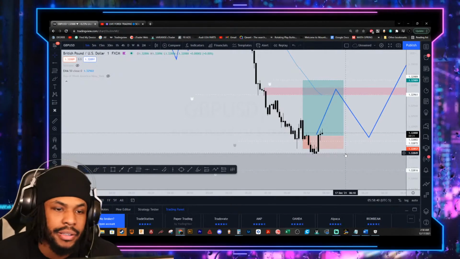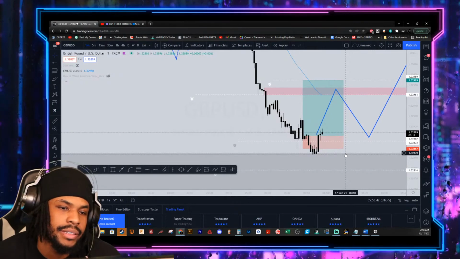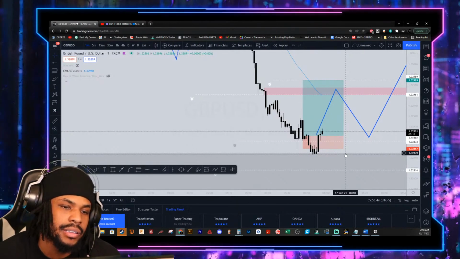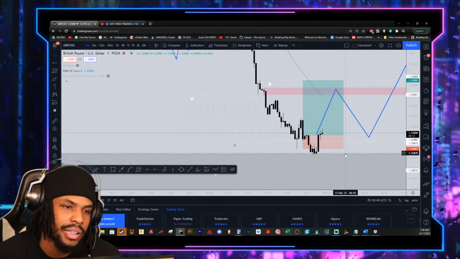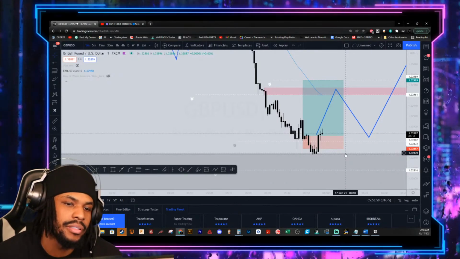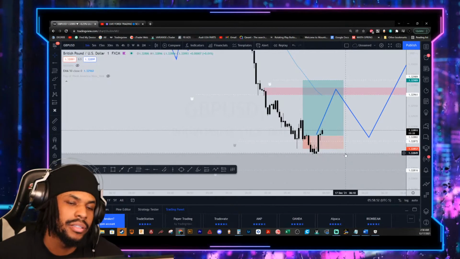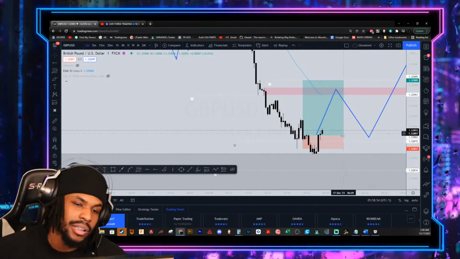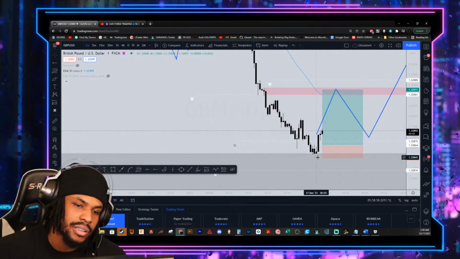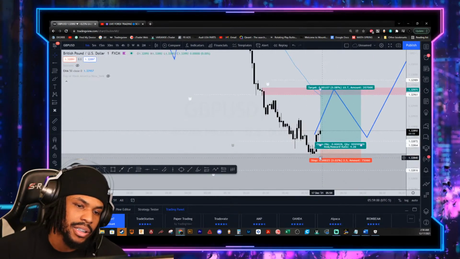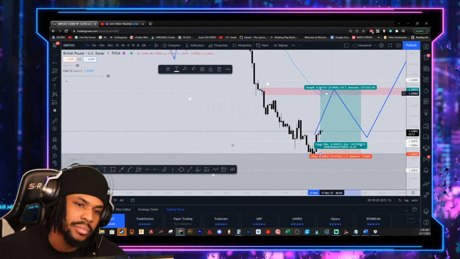Oh man. All right, so we mitigated that. I love it. I mean, honestly, you could probably get like a 1 to 3 out of this if you just want to take it to that zone. So let's say you just trade this little order block there. Bing.